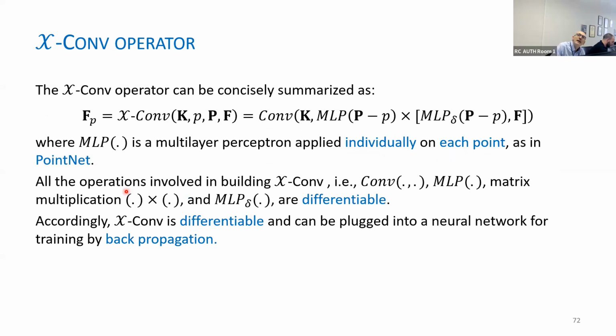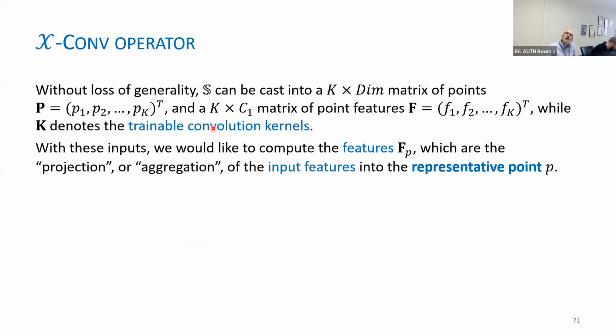And so here you can, at the end, see the formalization of this operator. Fp, which is the feature associated to the point p, to the representative point, is obtained with this operator, and it takes as an input the two matrices P and F that we have defined here, and we have also K, where K is the convolutional kernel.